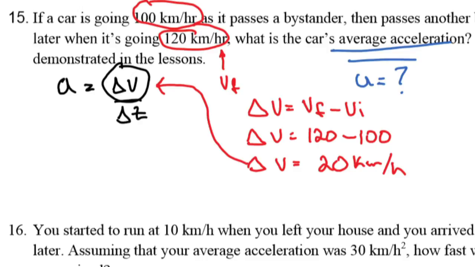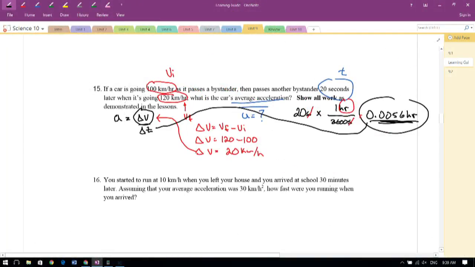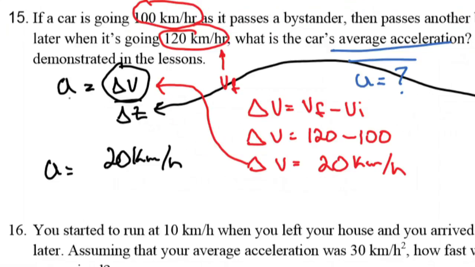I've got my time in hours now to go on the bottom, and I'll just solve. So I have 20 kilometers per hour divided by 0.0056 hours.